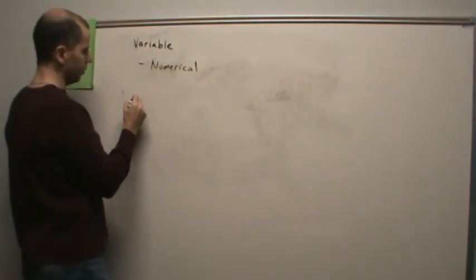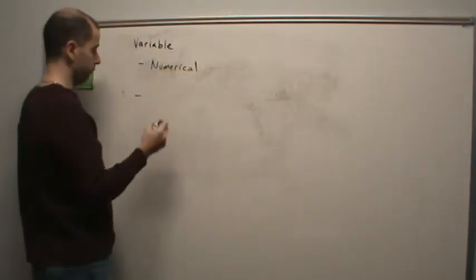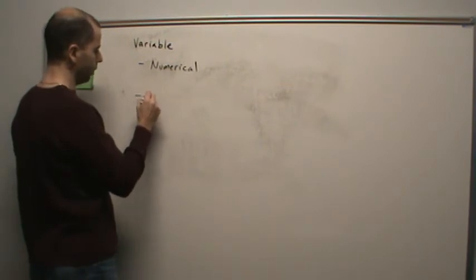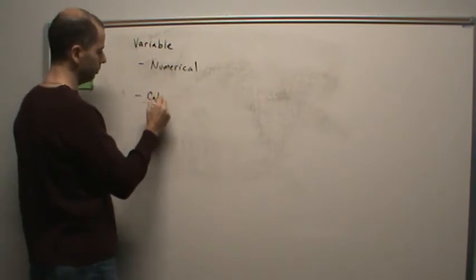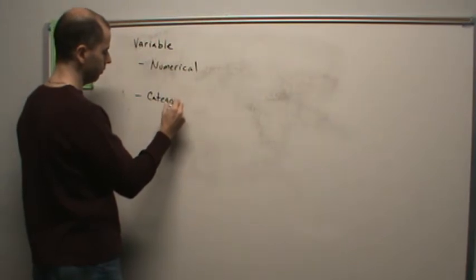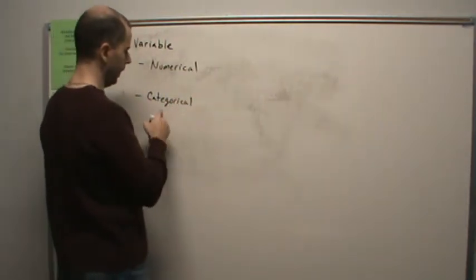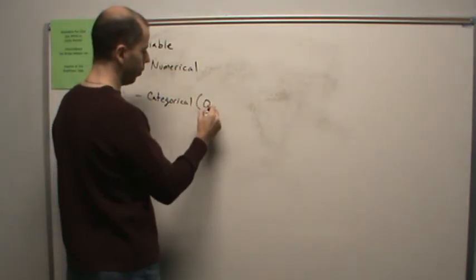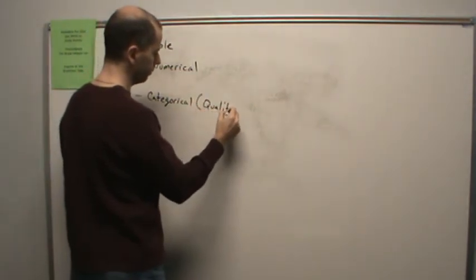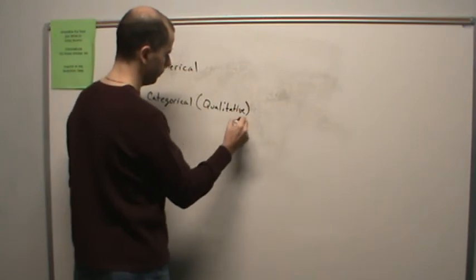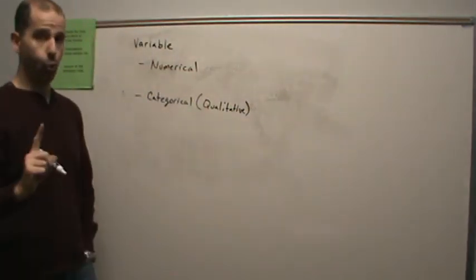Now let's talk about the other type of variable, which we call categorical, or what we call qualitative. So think of quality.